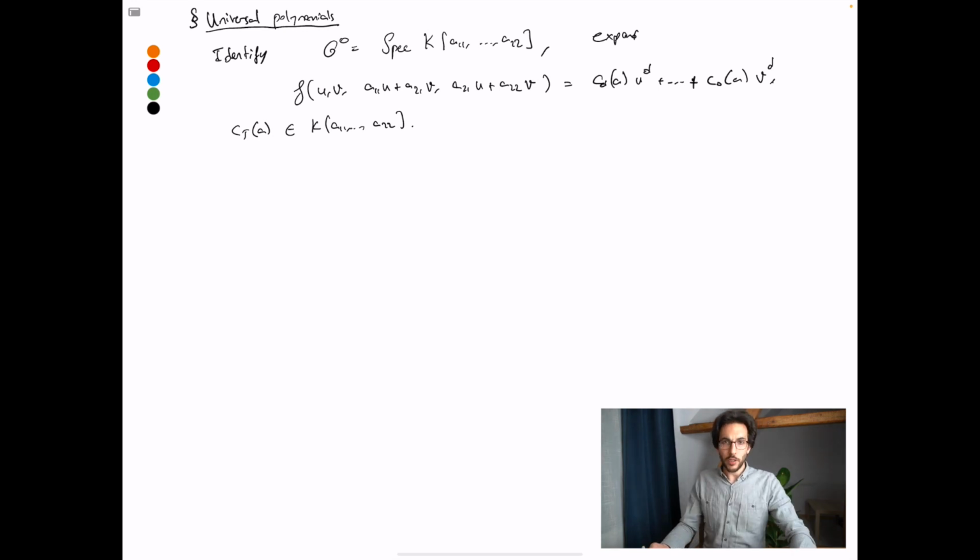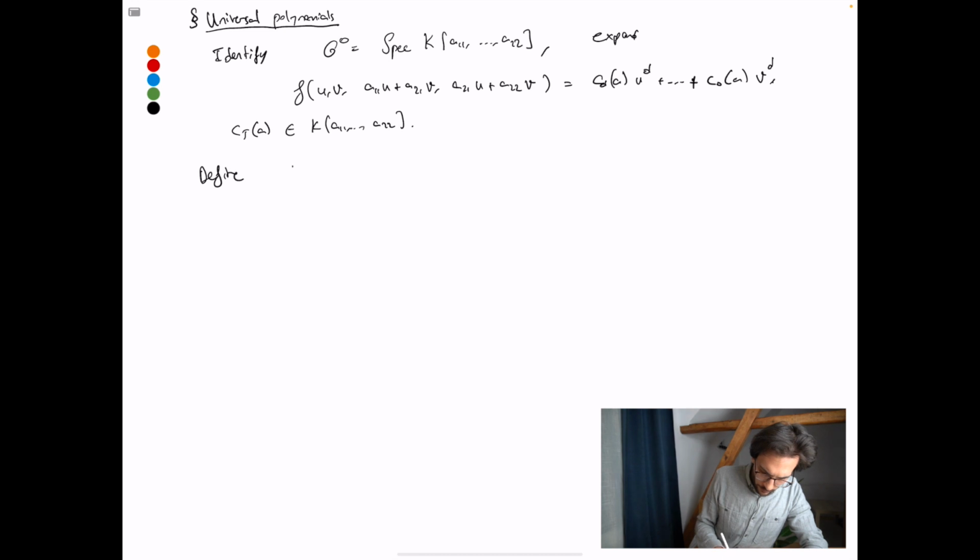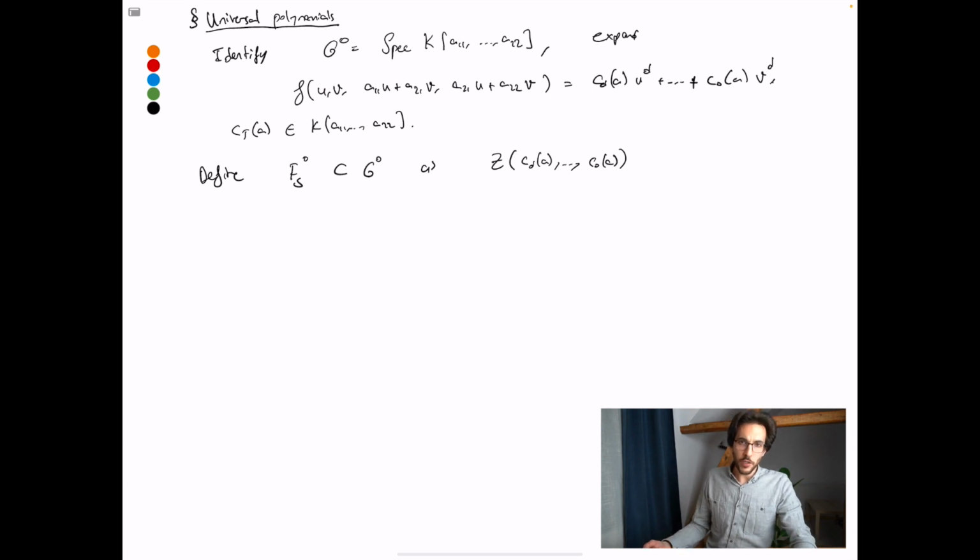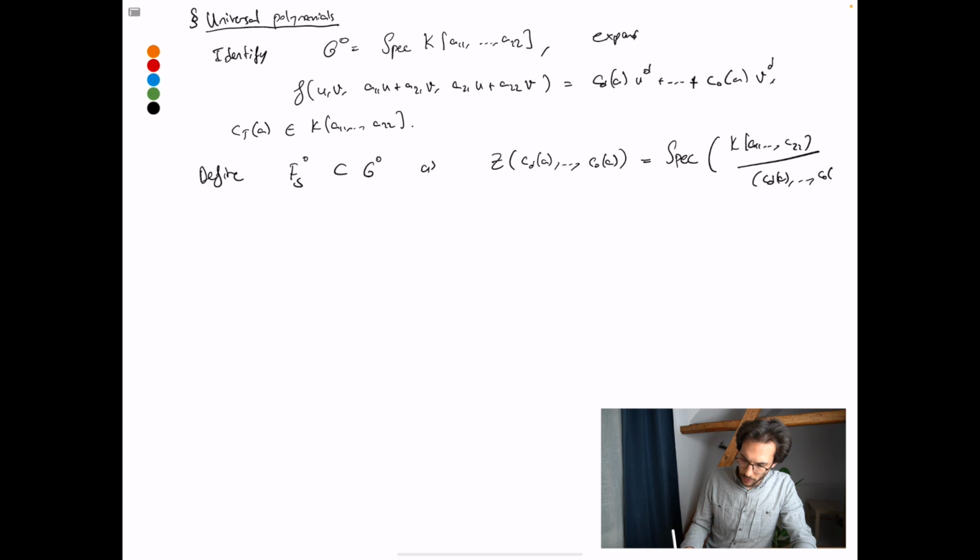So that prompts the following definition for our affine part of the Fano scheme of lines in S. So I take the 0 locus of these polynomials, or as a scheme, I mean the spectrum of K[a_11, a_22, ...] modulo the ideal generated by C_DA, ..., C_0A.